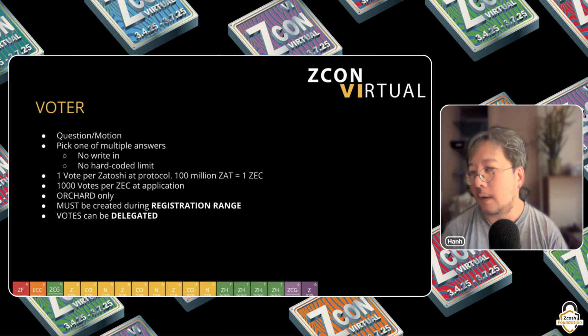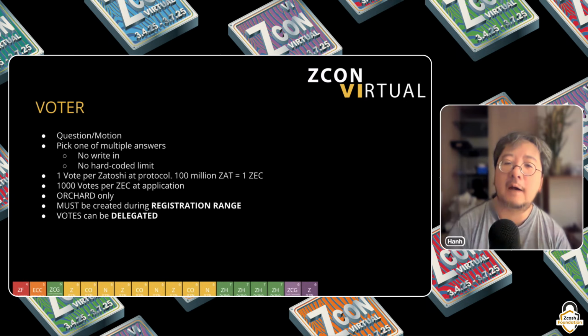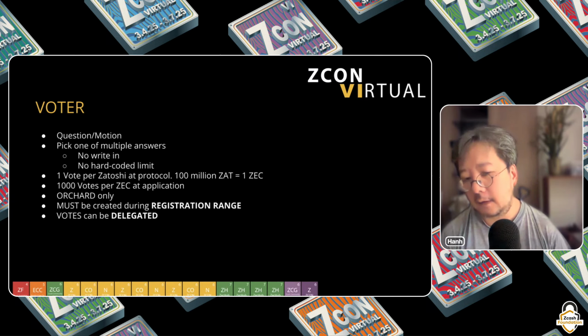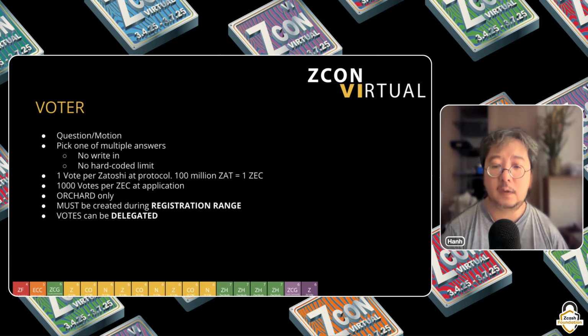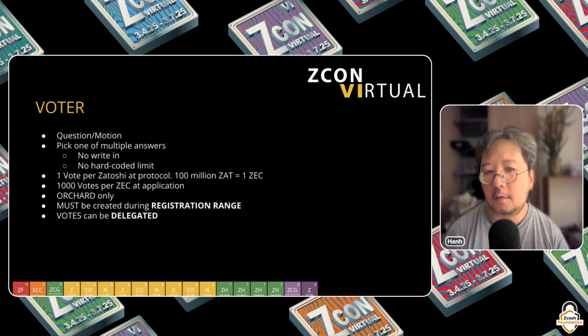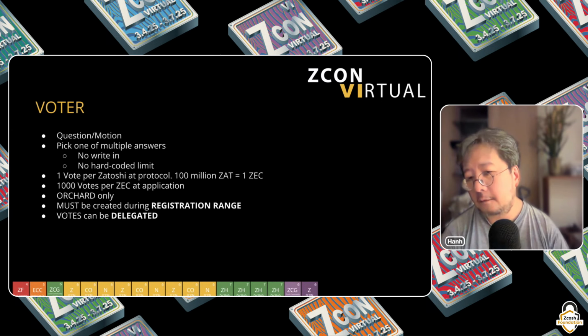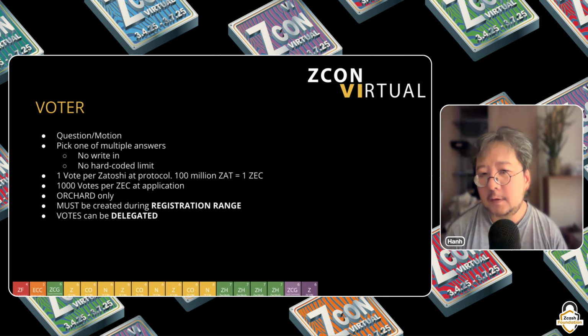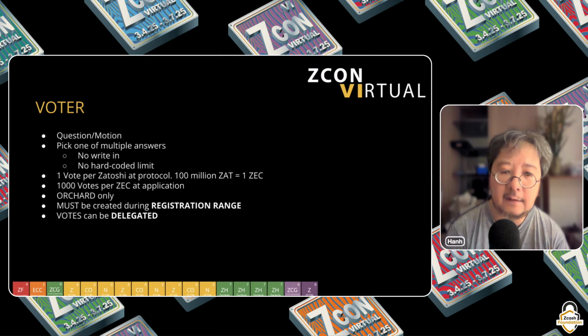The good thing about that is that you don't have to hold your coins in Orchard, or even hold your coins in your wallet, after the end of the range. And the range doesn't have anything to do with the moment you vote. This is the moment where you have to prepare your coins. You have to put your coins into Orchard. So after the end of that registration range, that last height is essentially a snapshot.